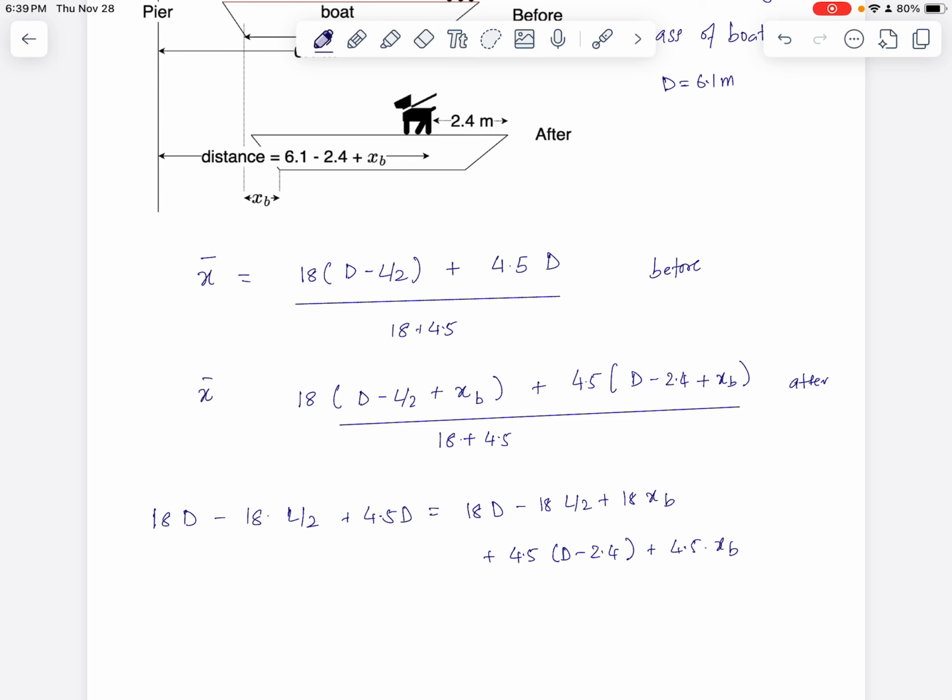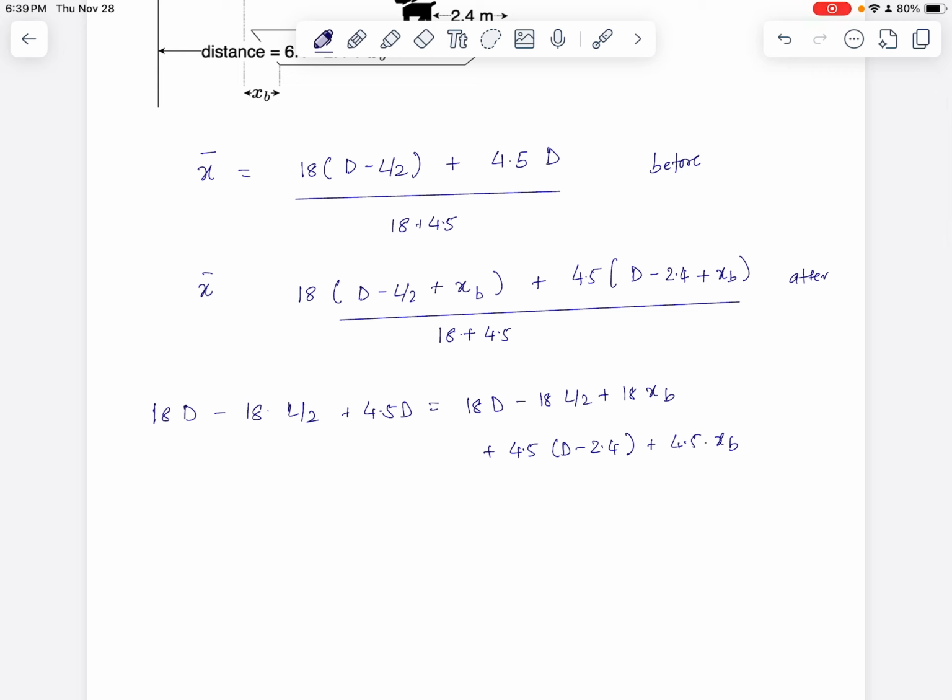The interesting thing here is that this term cancels out, the 18 times d minus L by 2 term. Let's see what we have here.